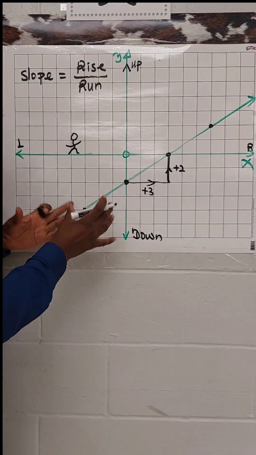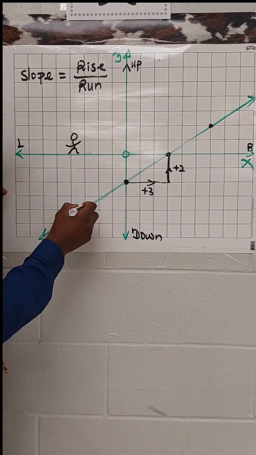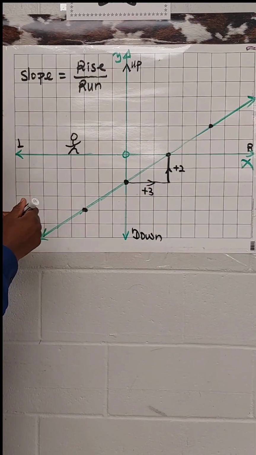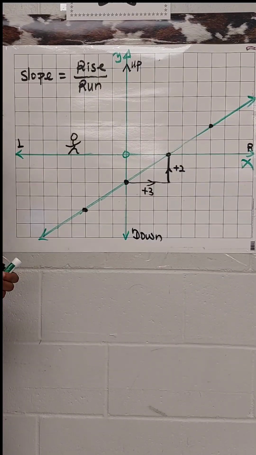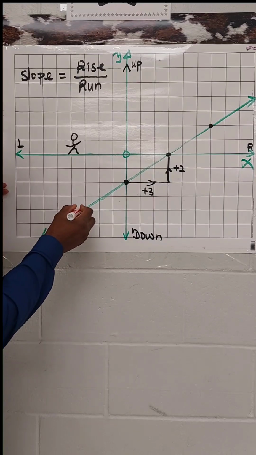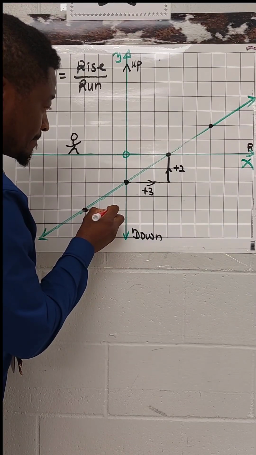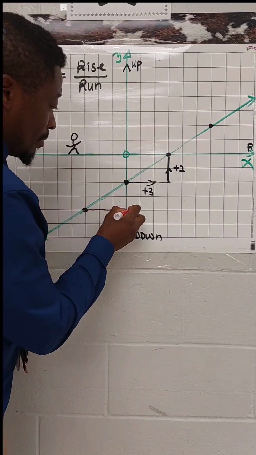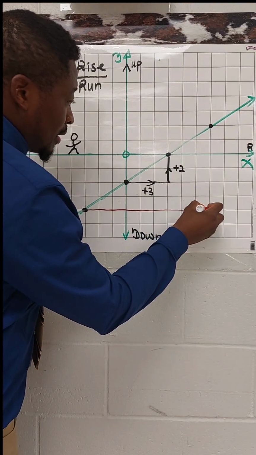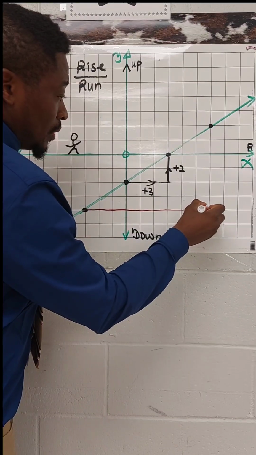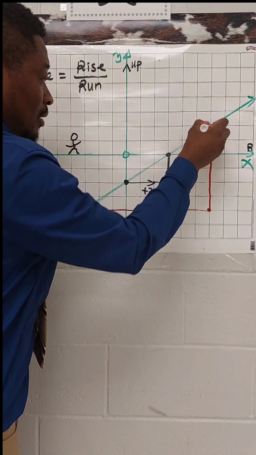Now, I could make another triangle. It doesn't have to be these 2 points. I can get a second triangle. From this point, I can travel horizontally until I get to the turn where I go up vertically to hit the second point.